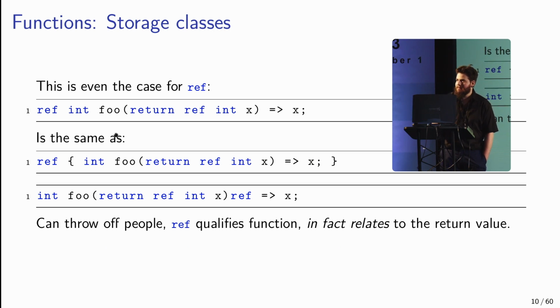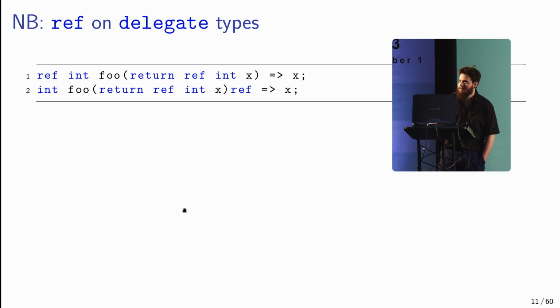Right, so even for ref, this is the same as this. So this is a ref function, but actually what it means is it returns by ref. And then there is this one detail about ref and delegate types. So who thinks this function returns by ref?